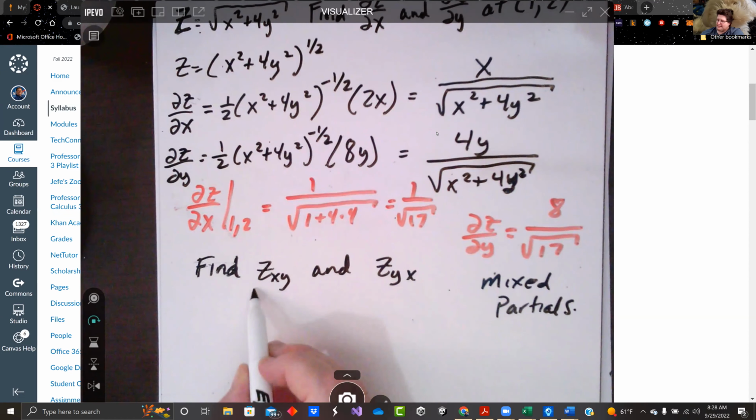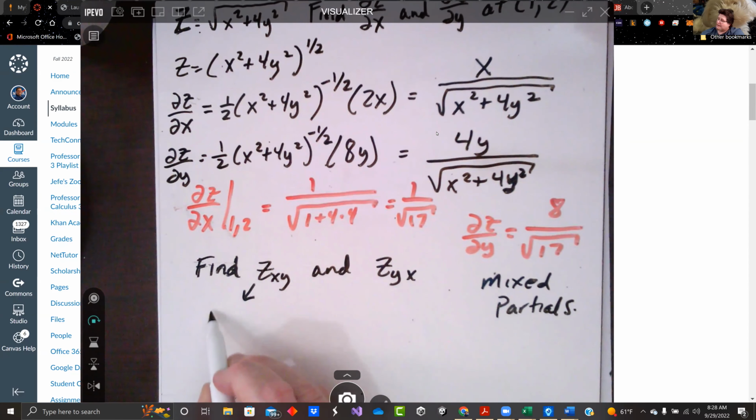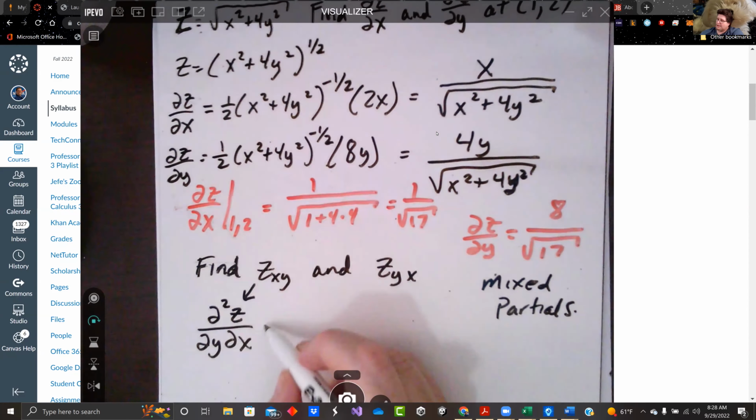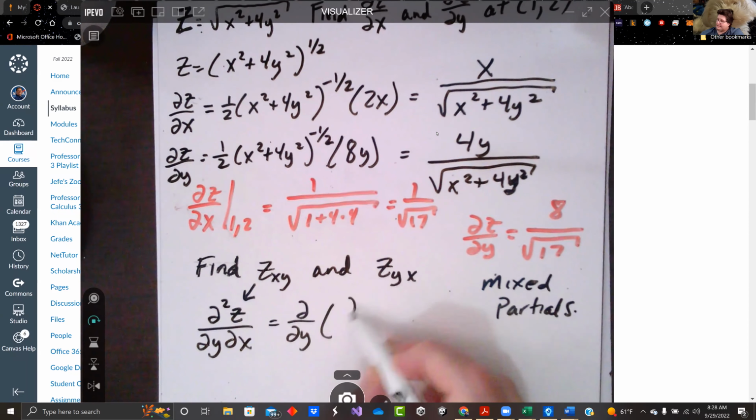The equivalent of this in this type of notation is d squared z dy dx, which is d dy of dz dx.